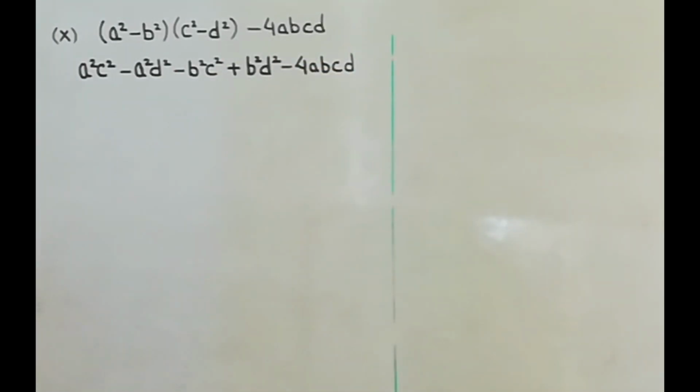We have simply opened the bracket. Now we will try to make a group here. There are a total of 5 terms, so we will take the last term, minus 4abcd.